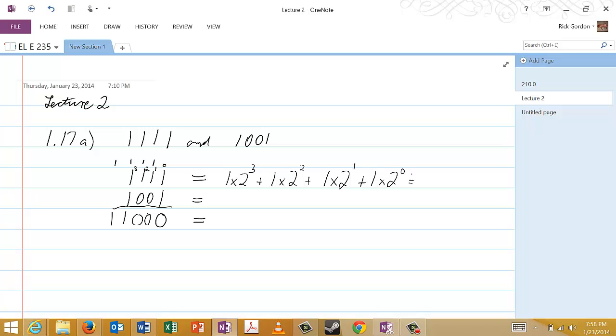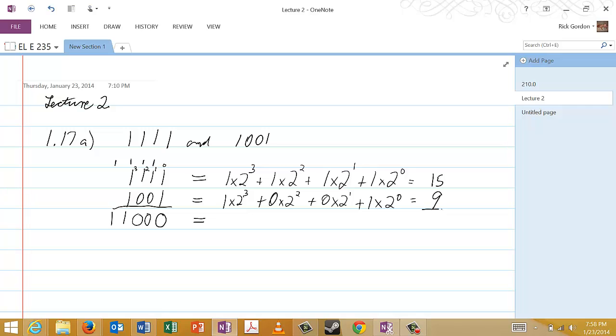And that is 8 plus 4 plus 2 plus 1, which will give us 15. If we do the same kind of thing for the second number, we have 1 times 2 cubed plus 0 times 2 squared plus 0 times 2 to the first power plus 1 times 2 to the 0 power. And so that's equal to 8 plus 0 plus 0 plus 1, which will be 9.